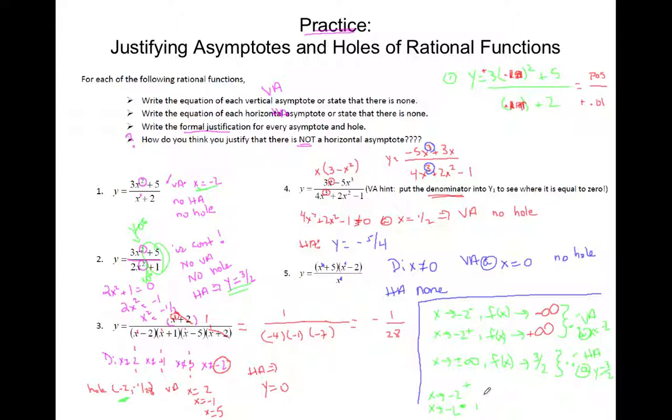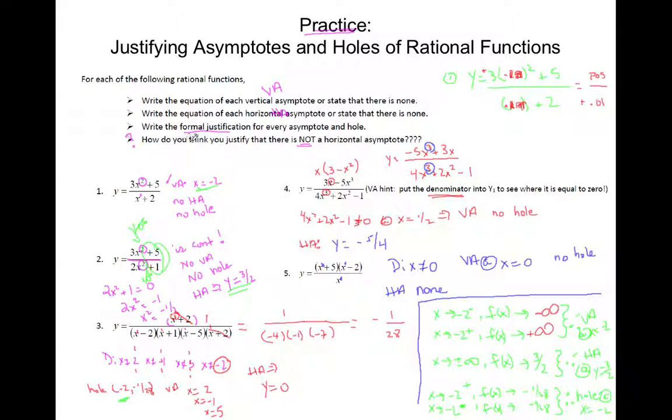And again, I just saw this on my calculator and with my algebra that the f of x values approach -1/28. Since there is no swoosh, and that was a bad x, there must be a hole. Okay? So there you go.